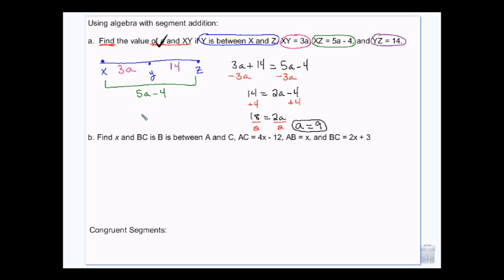Here we go, I found a. Remember, I'm supposed to find a and xy, so I'm halfway through. xy is 3a. So I can plug in that 9 from a, and that tells me that xy is 27, and I found everything.